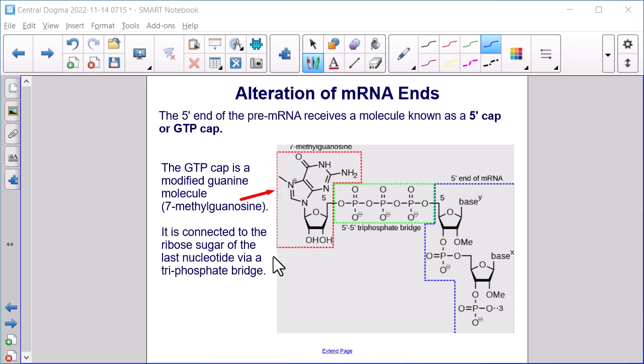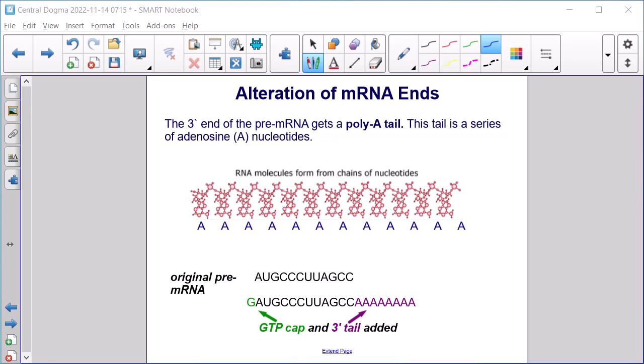It is connected to the ribose sugar of the last nucleotide here via a triphosphate bridge. The 3' end of the pre-mRNA gets a poly-A tail.